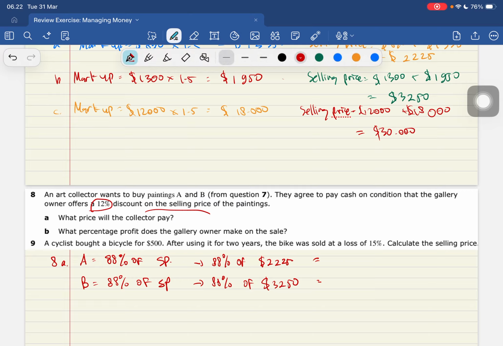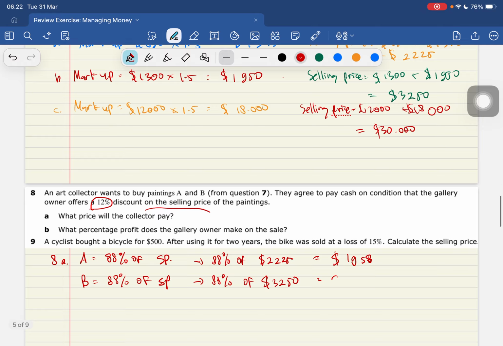Here the first, painting A, is 1,958. The second, we can find 88% of 3,250. Here it is 2,861.76.